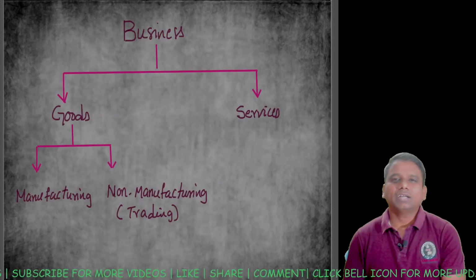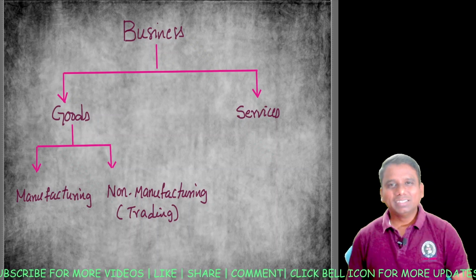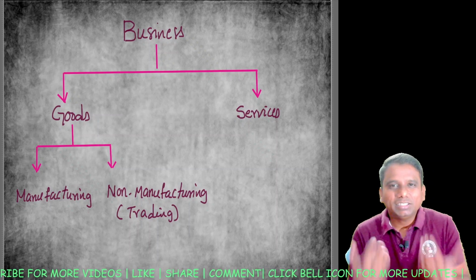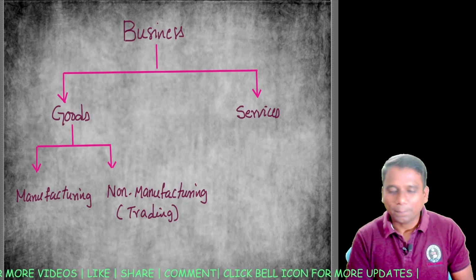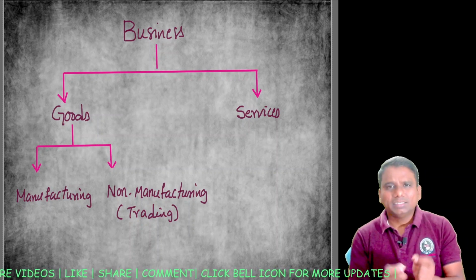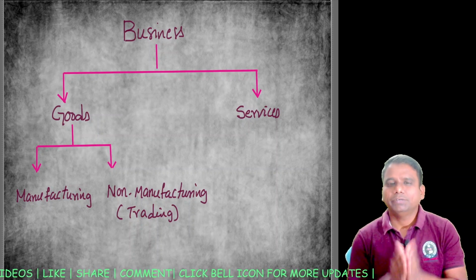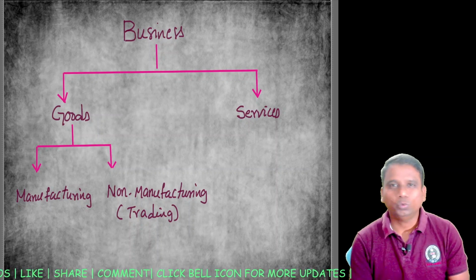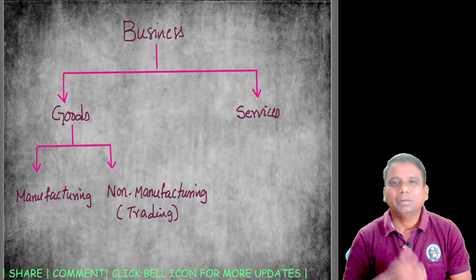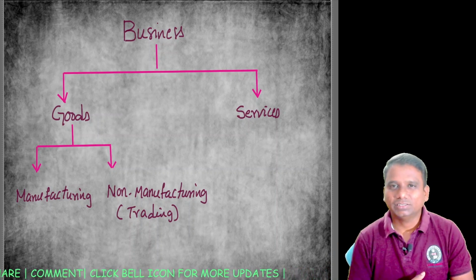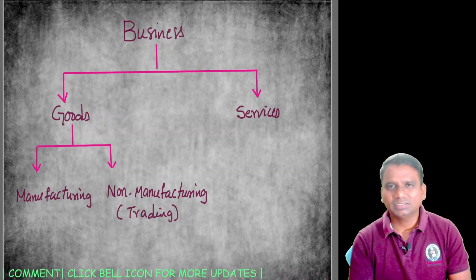Before starting any chapter, we have a tradition that first we should understand the history behind it. Let us understand this first. We can do business in two ways: by selling goods, by providing services, or by selling both goods and services.